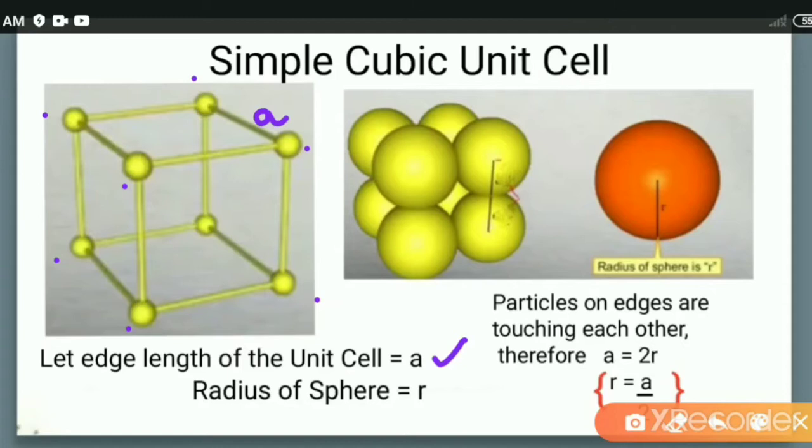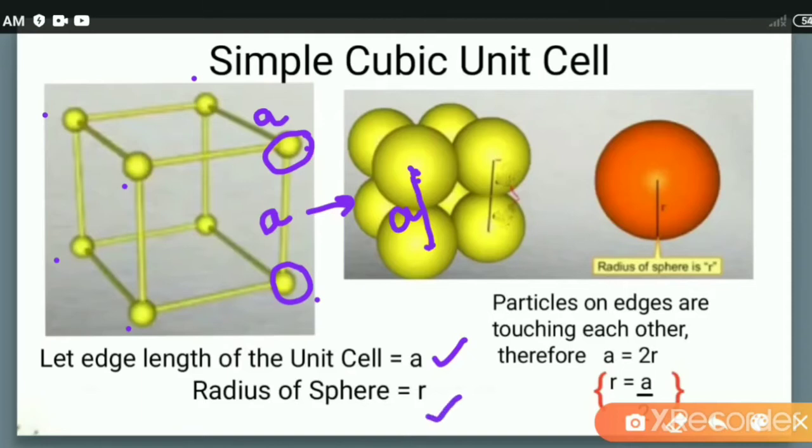Considering these two particles, they are actually touching each other, as shown in this figure. Let me make a line between the centers of these spheres. So the edge length of the unit cell is the distance between the centers of two adjacent spheres.